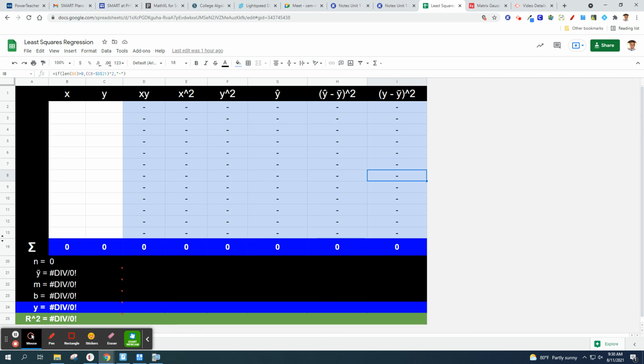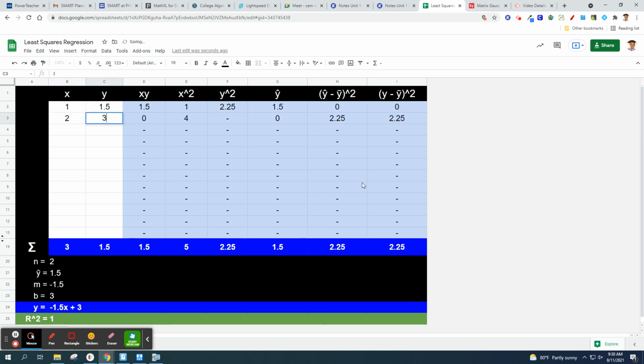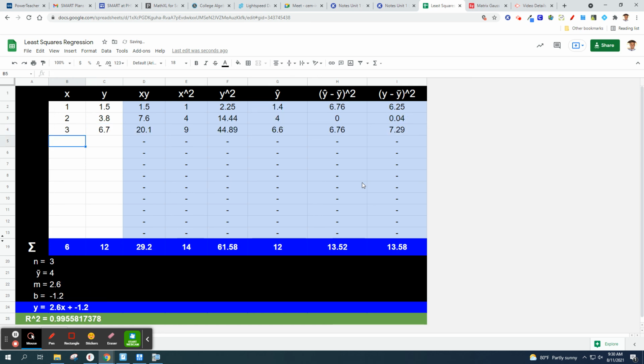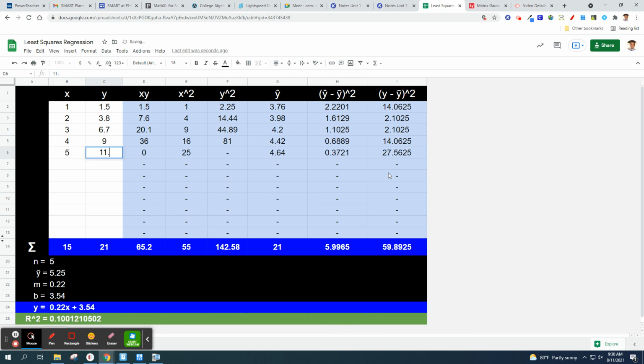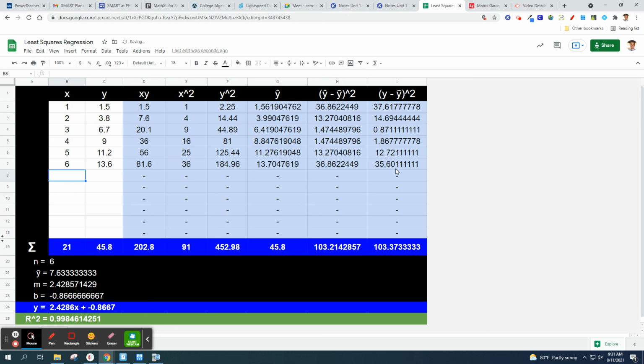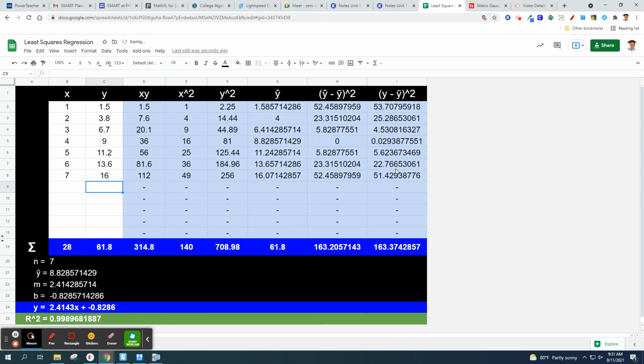So we want to enter in 1 and 1.5, 2 and 3.8, 3 and 6.7, 4 and 9, 5 and 11.2, 6 and 13.6, 7 and 16. Hopefully that works.